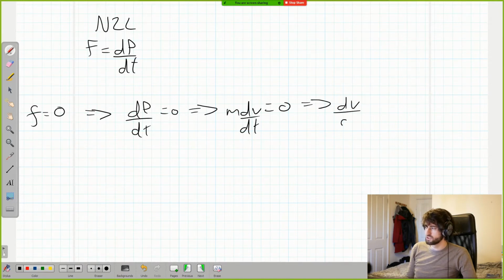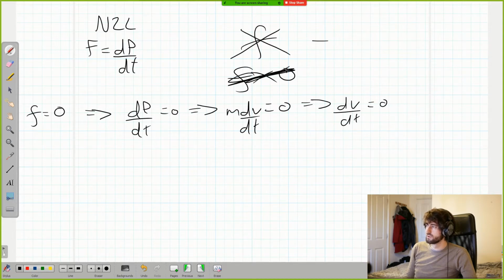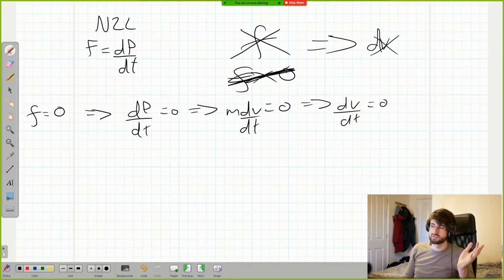So if there's no force, there's no change in velocity. It can't change. And that's Newton's first law: an object will always stay at the same velocity unless there's a force acting upon it.